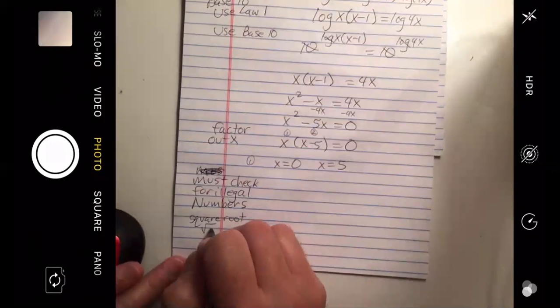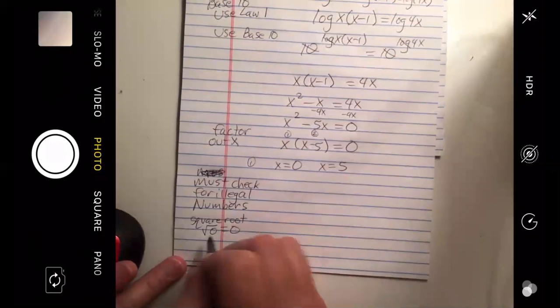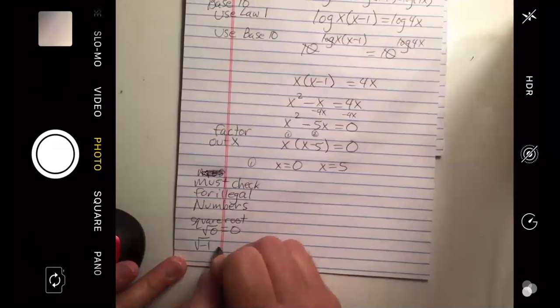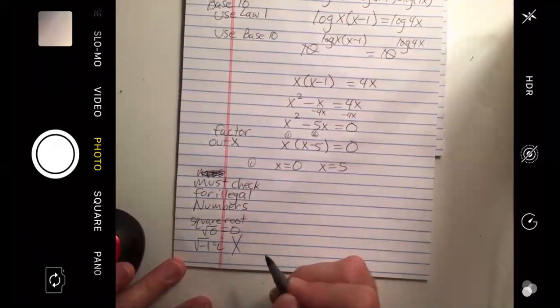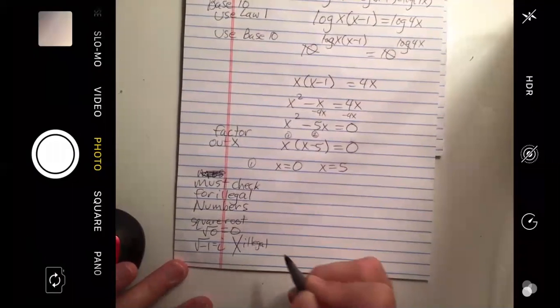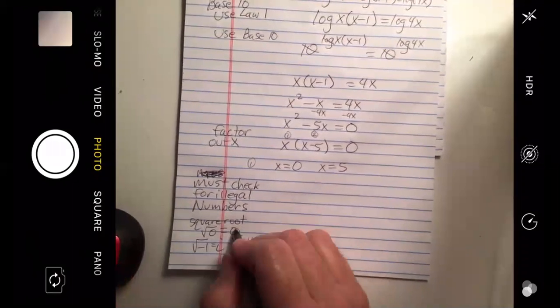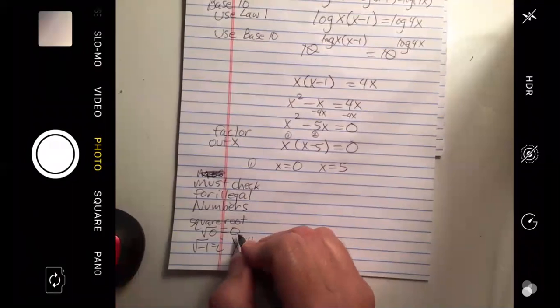I can do the square root of 0 and get 0, but you know you're not allowed negatives. The square root of negative 1 is an i. It's not allowed. It's illegal. Log works the same way, except you can't even use 0.